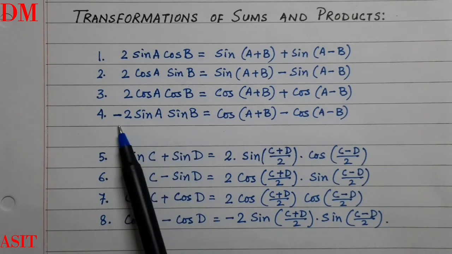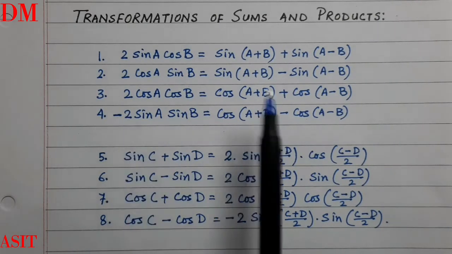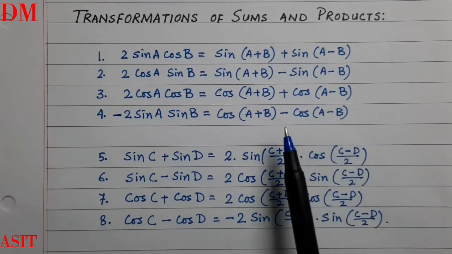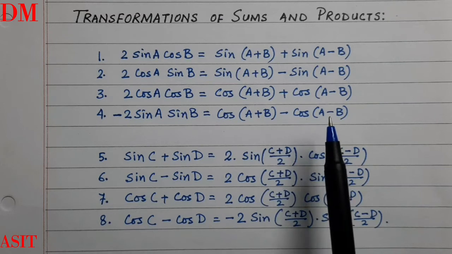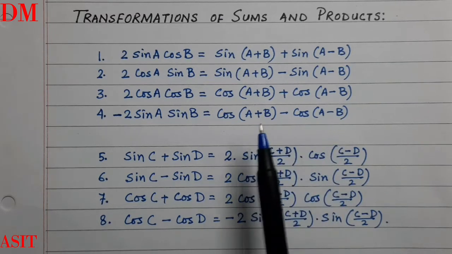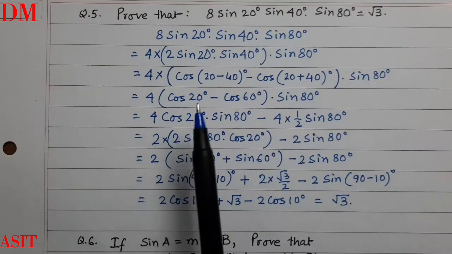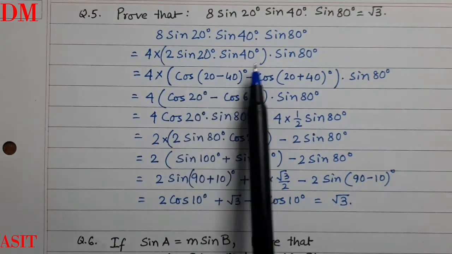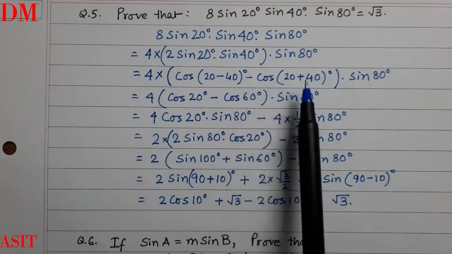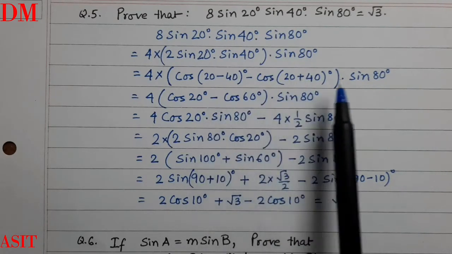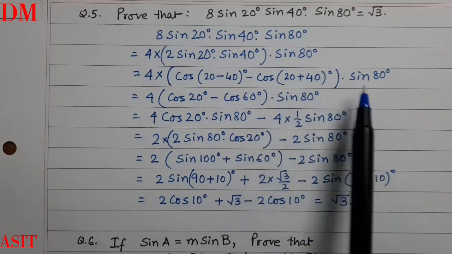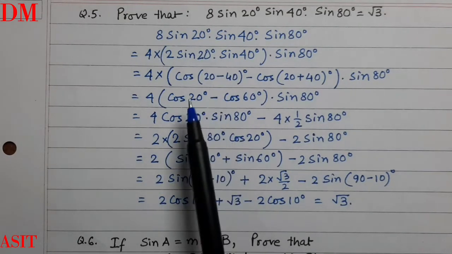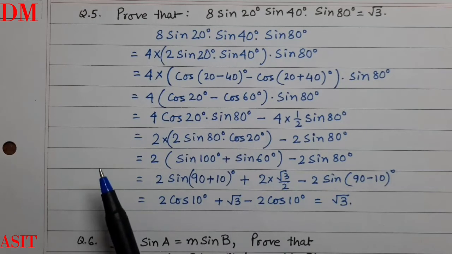Though it is written minus, we can take that minus to this side. So 2 sine A sine B will become cos of A minus B minus cos of A plus B. So this will be cos of 20 minus 40 minus cos of 20 plus 40. Now sine 80 is as it is here. Now we can find the value. This will be cos 20 degree minus cos 60 degree.